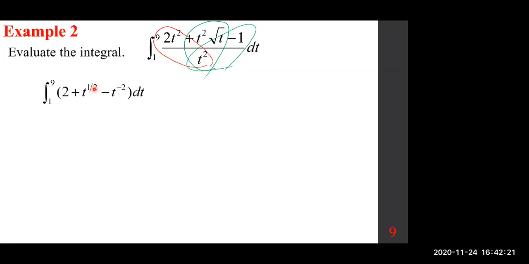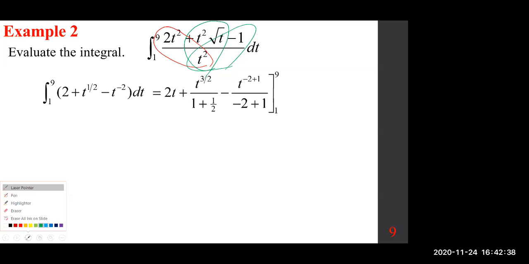You add 1 to 1/2 and it becomes 3/2, and then divide by it. Divide by 3/2. Then the same thing here, minus t to the power of negative 2 plus 1 over negative 2 plus 1, okay? So it's important to see this is 3/2, this is negative 1.